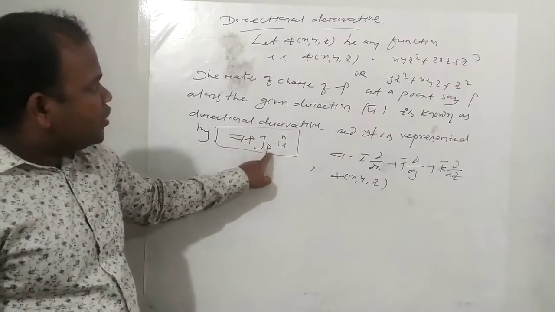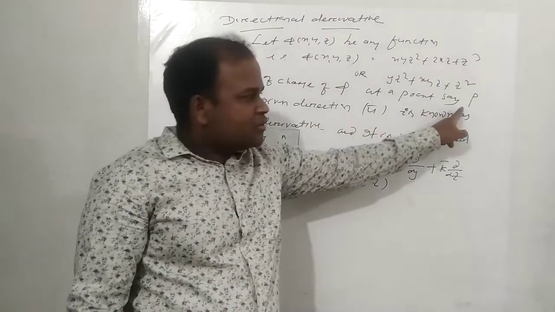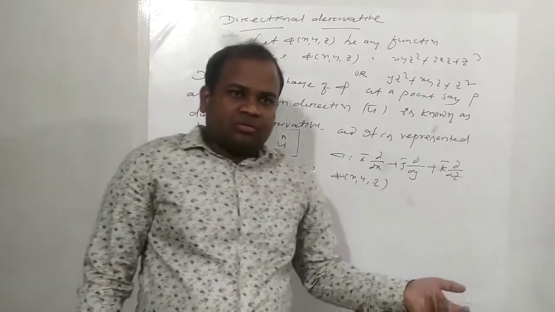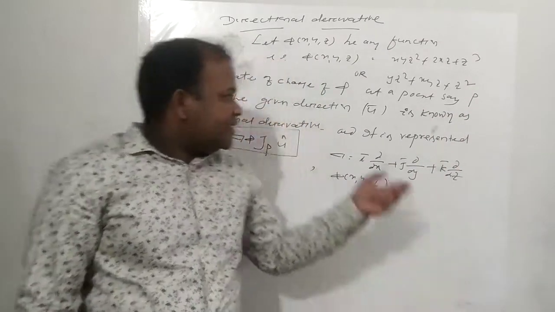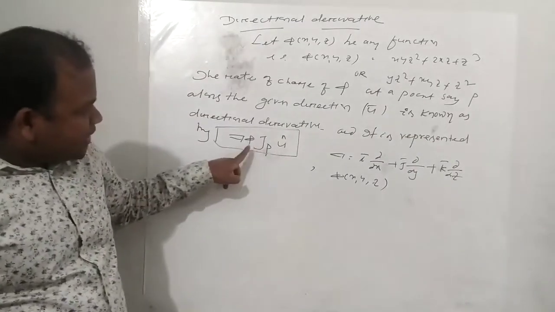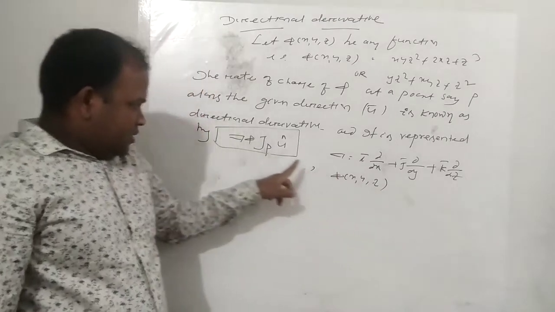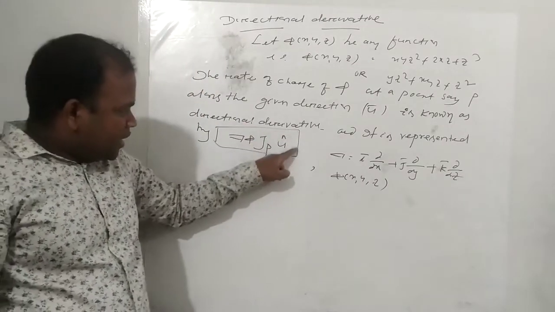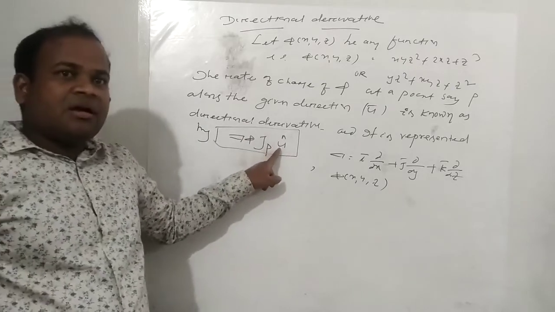And what is P? P is any point. The point will be given, like 1, 2, 3, or 1, 3, 4, or 1, 0, 3, meaning x equals 1, y equals 0, and z equals 3. So you will put in x, y, z in del phi, and you will get del phi at P. But mainly you will find the u cap.